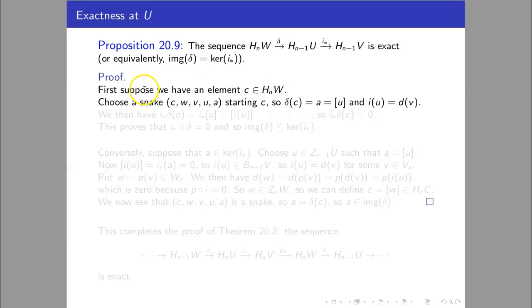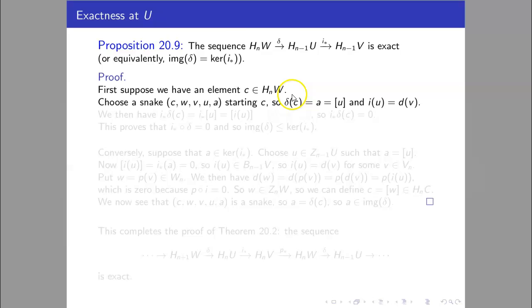And we want to think about delta of it. So we have to choose a snake that starts with C and ends with A, say. So that means that delta C is equal to A, and A by the snake conditions is equal to square bracket U, and then also by the snake conditions IU is going to be equal to DV.